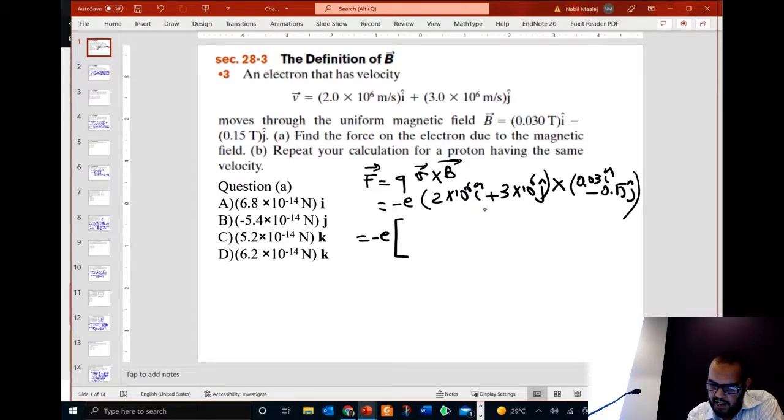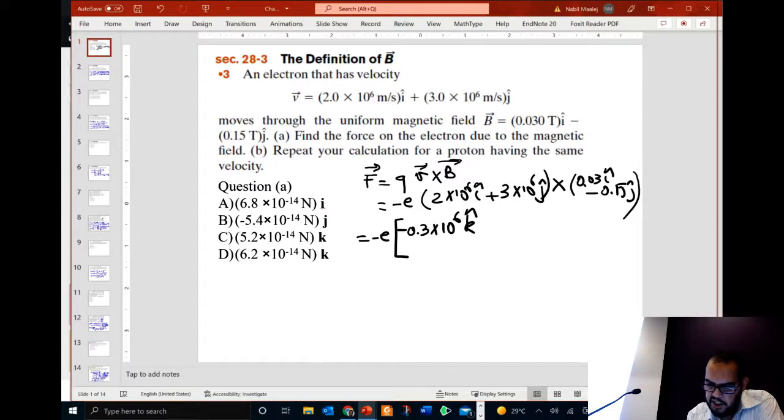I crossed with i gives me 0, but i crossed with j gives me k, but we have a minus, so it's minus k. So 2×10^6 times 0.15, that's 0.3×10^6, with a minus k.